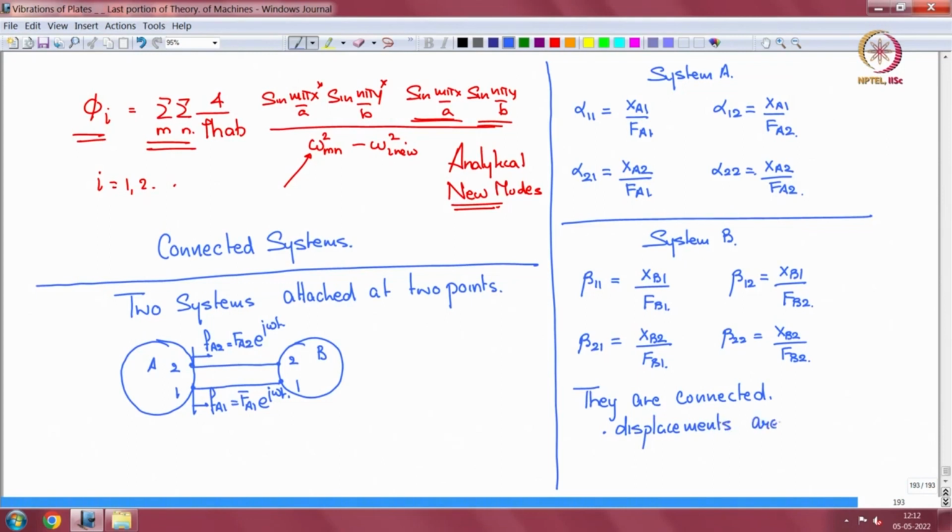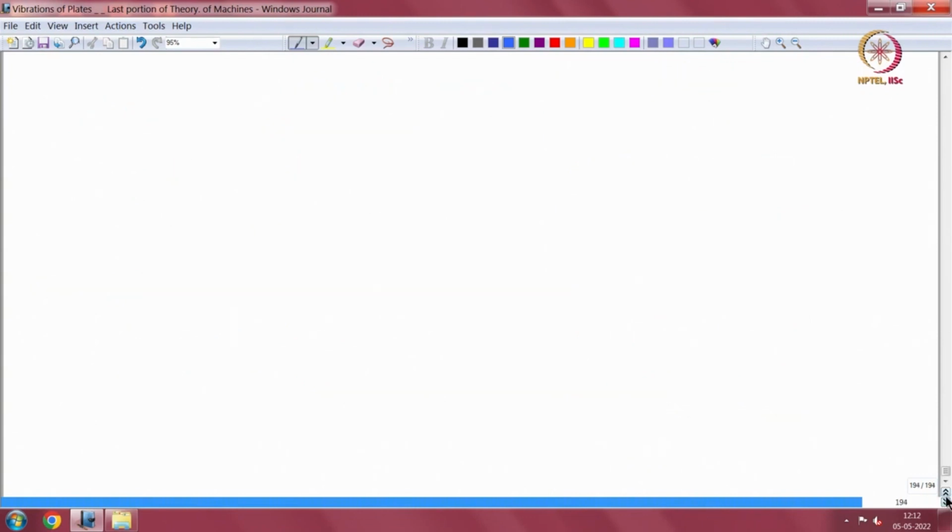Displacements are same. And forces being internal, they are opposed. So now see what happens.